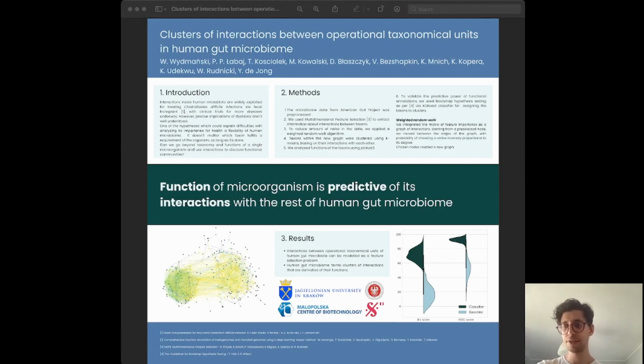What you can see on the bottom left is the visualization of one of the graphs that we were analyzing.